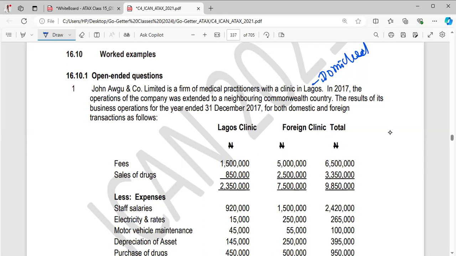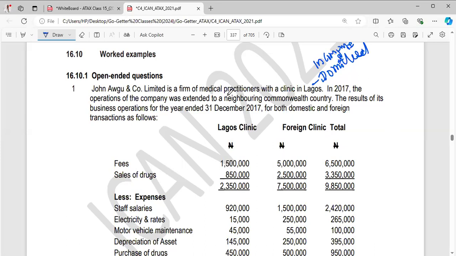So not only is it domiciled, it is incorporated. Incorporated, domiciled. So now this is a branch in a neighboring country. The results of the business operations for the year ended 31st December 2017 for both domestic and foreign transactions are as follows.